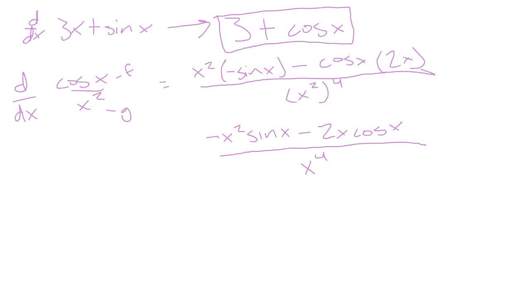We can eliminate that x to where we are left with negative x sine of x minus 2 cosine of x, all over x cubed.